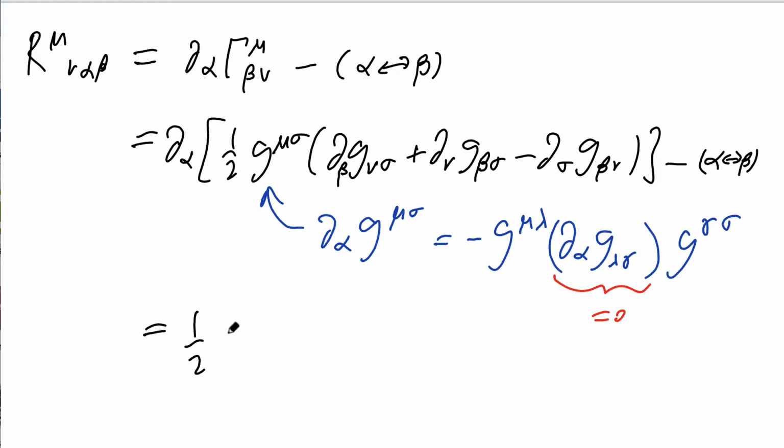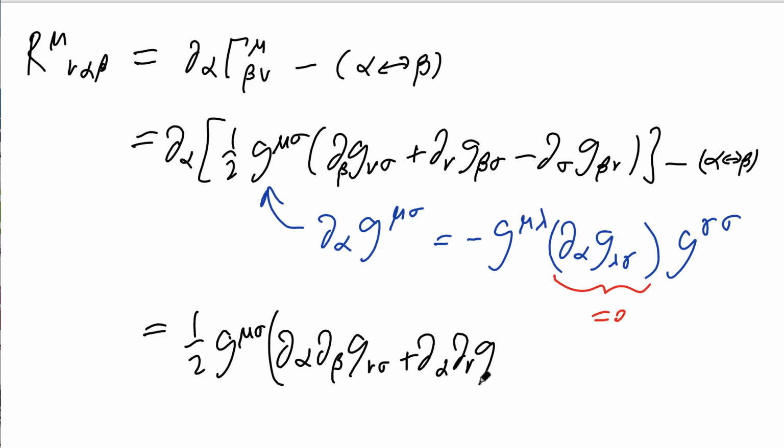Write this as 1/2 G mu sigma times partial alpha partial beta G nu sigma plus partial alpha partial nu G beta sigma minus partial alpha partial sigma G beta nu. And then, of course, we have the terms where alpha and beta are swapped.